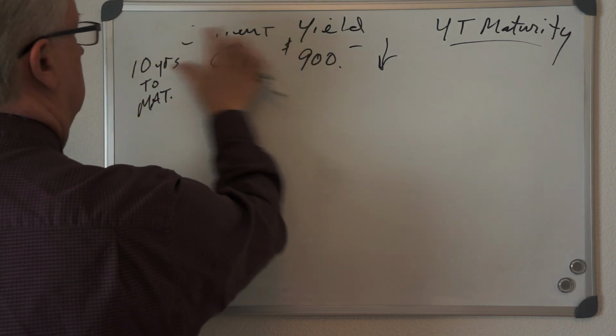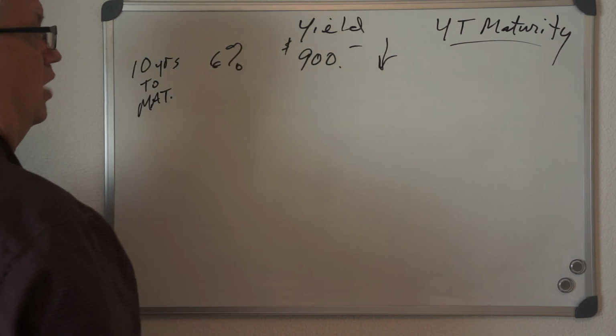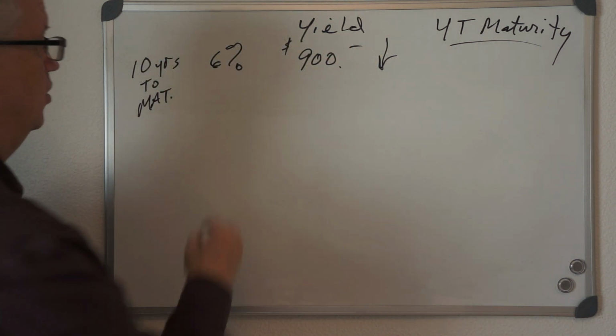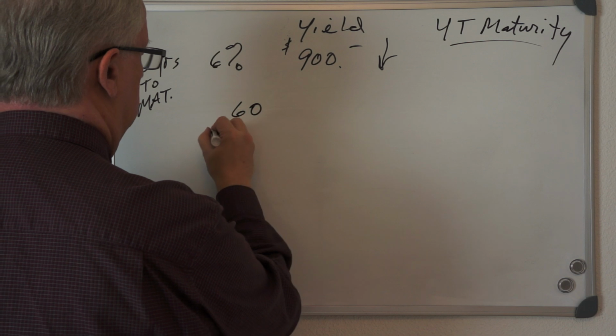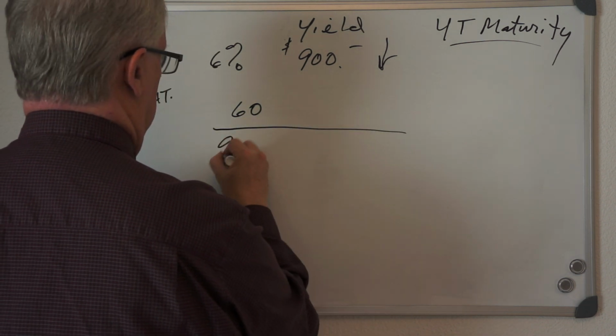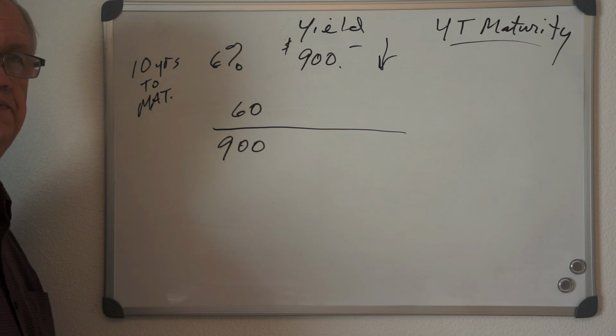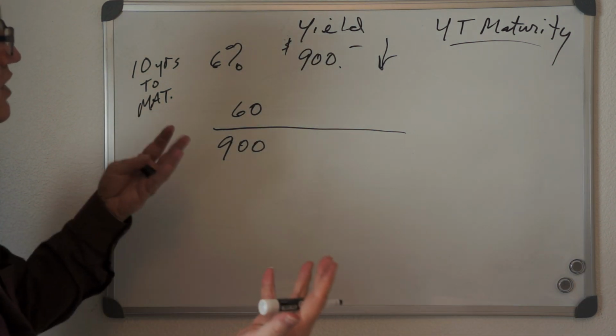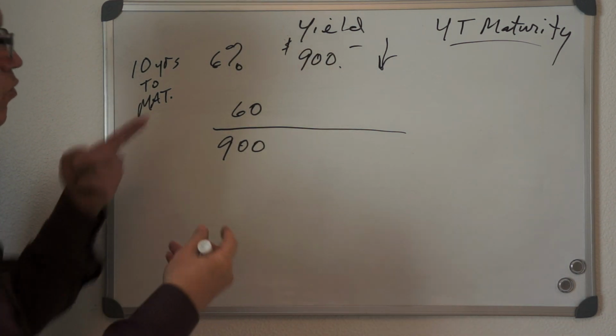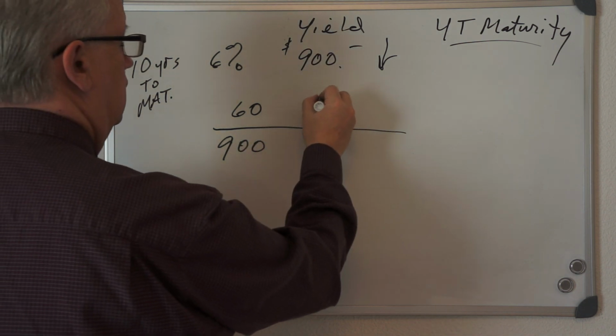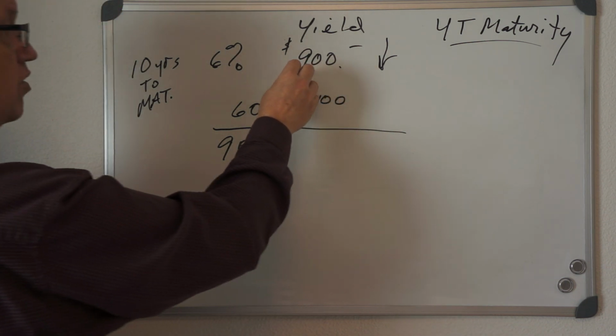So now, how are we going to find the yield to maturity? We know that is the current yield calculation. What's our discount? What's our premium? What's our benefit? $100. Okay, $1,000 bond.